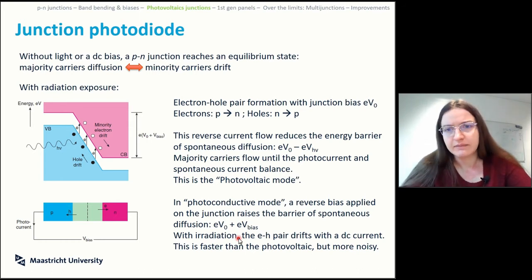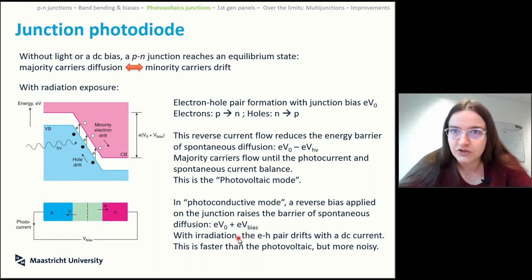This response time is important when you're thinking about junctions and photojunctions, something that you want to use with light, because the response time is the thing that makes this functional.